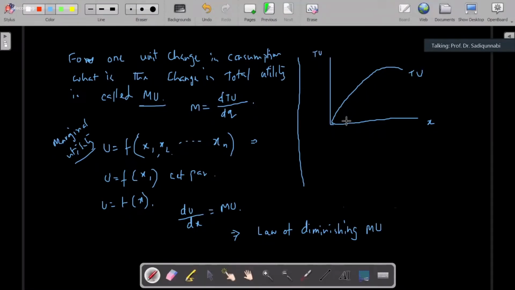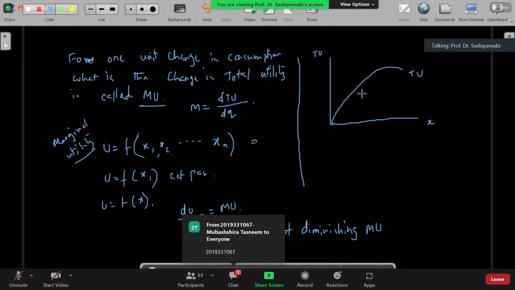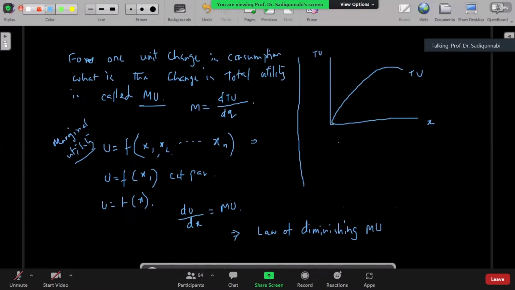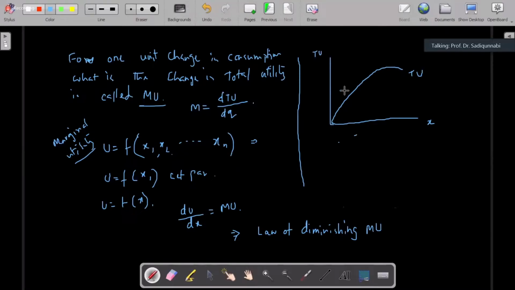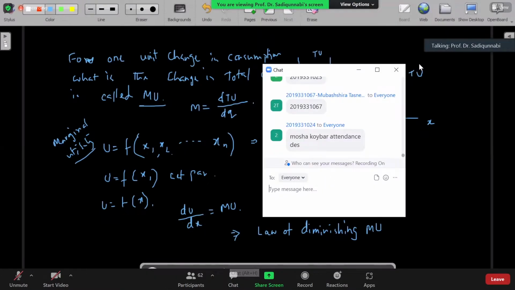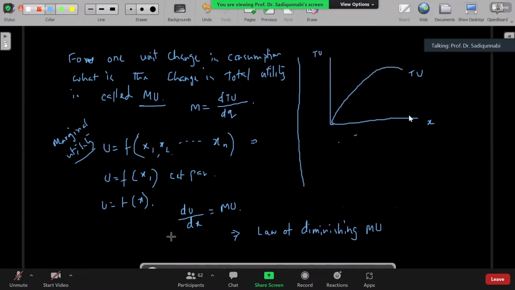Total utility is increasing at a decreasing rate. If it were increasing at an increasing rate, it would be a convex shape. And if it were increasing at a constant rate, it would be a straight line. But normally, our total utility curve looks like this. So remember this law of diminishing marginal utility.